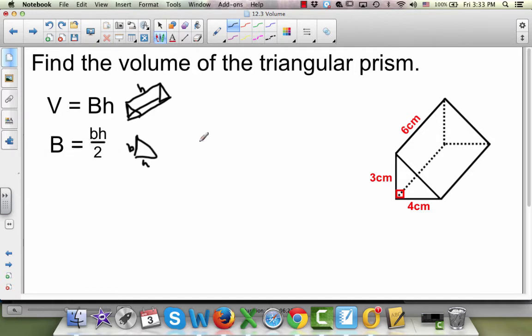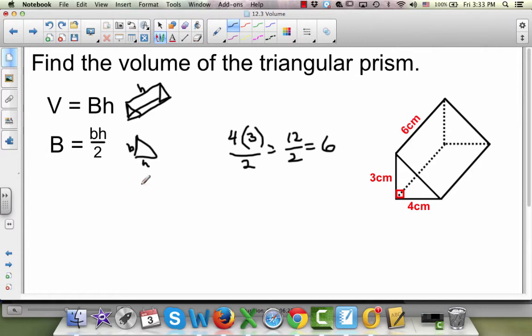So let's find the base of this figure. Here we have a base of 4, so we go 4 times a height of 3, and divide that by 2. That gives us 12 over 2, which gives us 6. So the area of the triangle is 6.